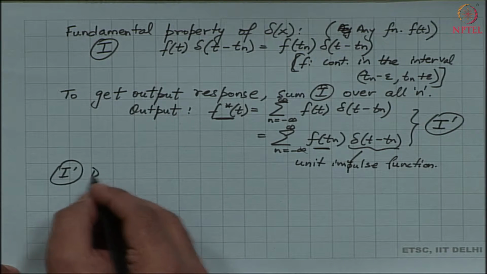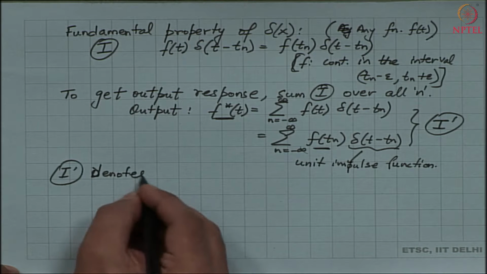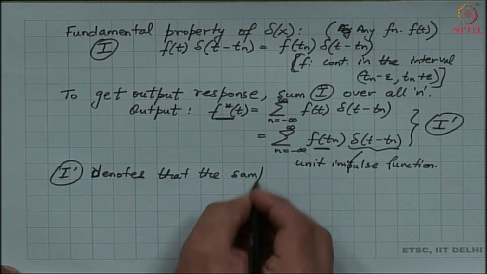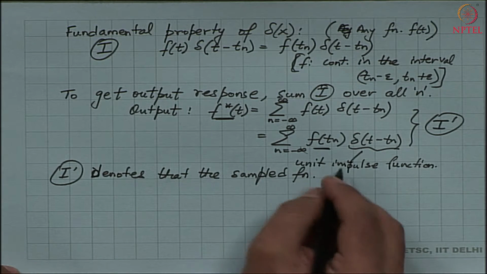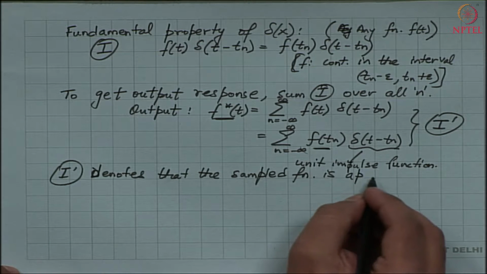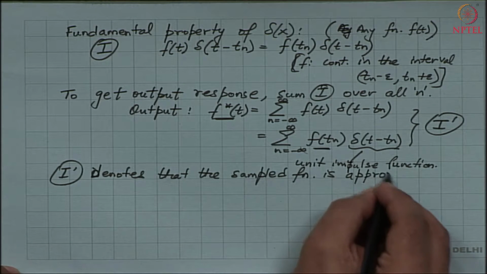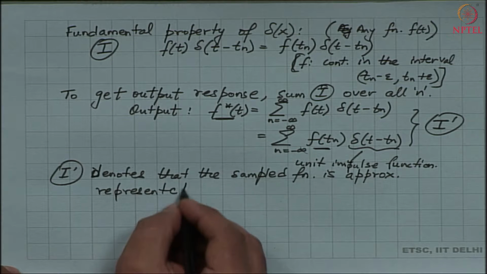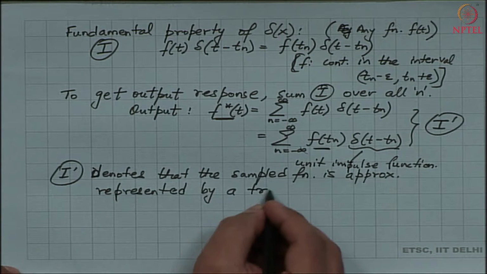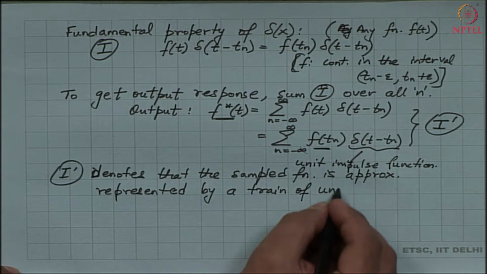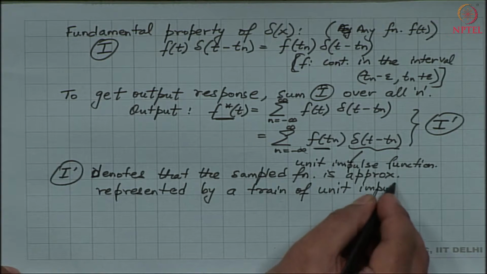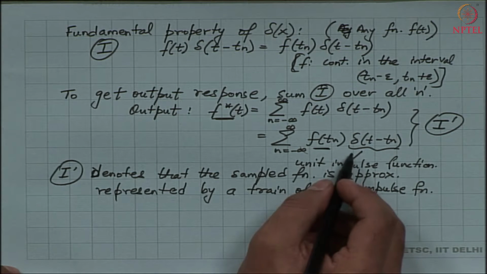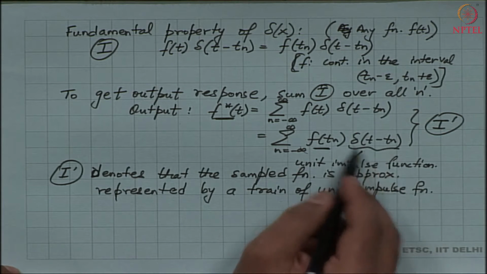What does 1 prime denote? 1 prime denotes that the sampled function is approximately represented by a train of unit impulse functions. So, we see that my sampled function is represented by these unit impulse functions, which are the delta functions.